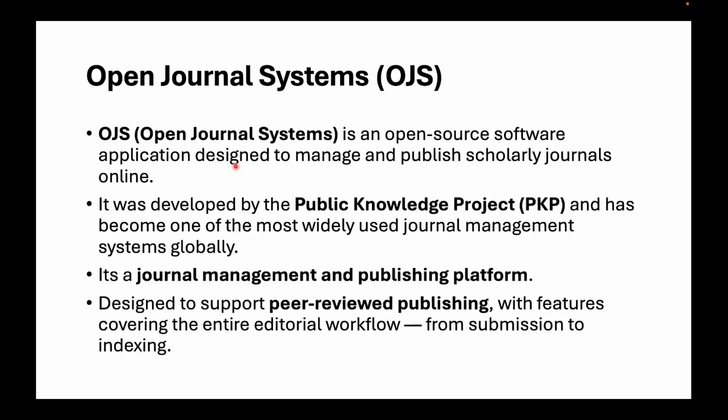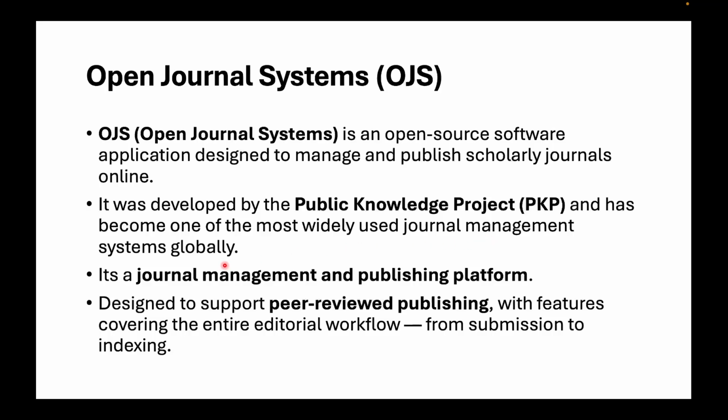Open Journal System is a combination of both, which helps people to maintain a journal very easily, because the peer review management system is there, the publishing system is there, all integrated into a single software. That is Open Journal System. It was developed by the Public Knowledge Project, and it has become one of the most widely used journal management systems globally.